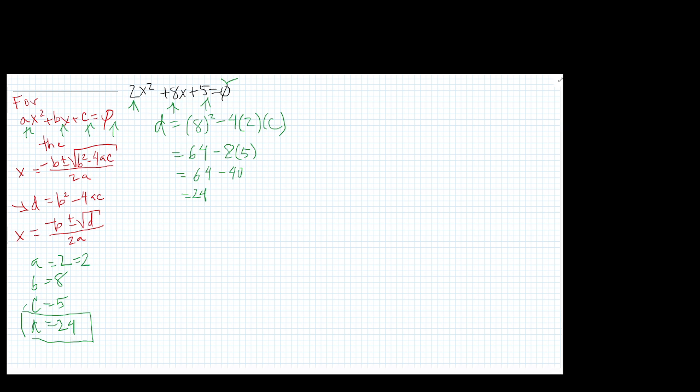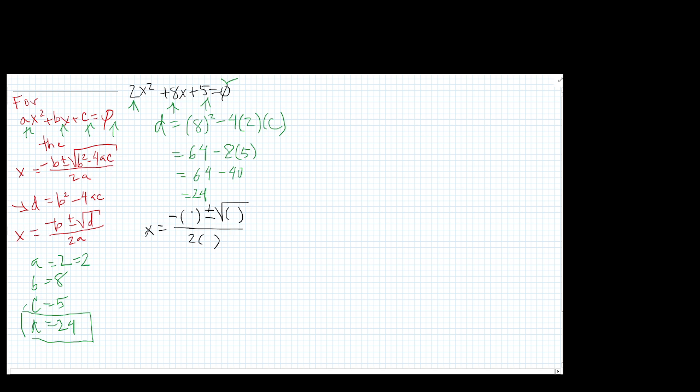Now let's apply this to the quadratic formula. The quadratic formula is x equals negative b plus or minus the square root of d, divided by 2 times a.